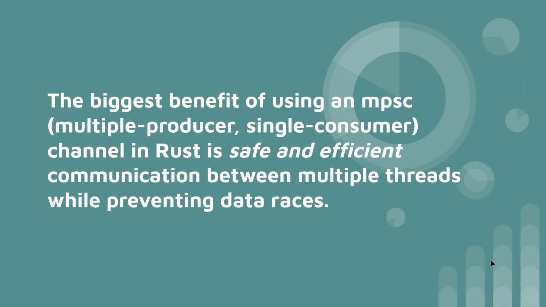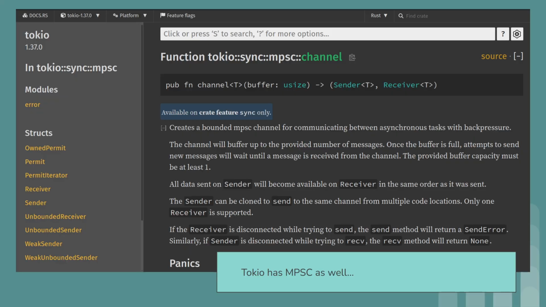Okay, so just to round up, the biggest benefit of using a multi-producer single consumer channel is safe and efficient communication between multiple threads, and it prevents data races. As I said earlier, we have got Tokio sync MPSC channel also, and that's also in the documentation. As of May 2024, we're on Tokio 1.37.